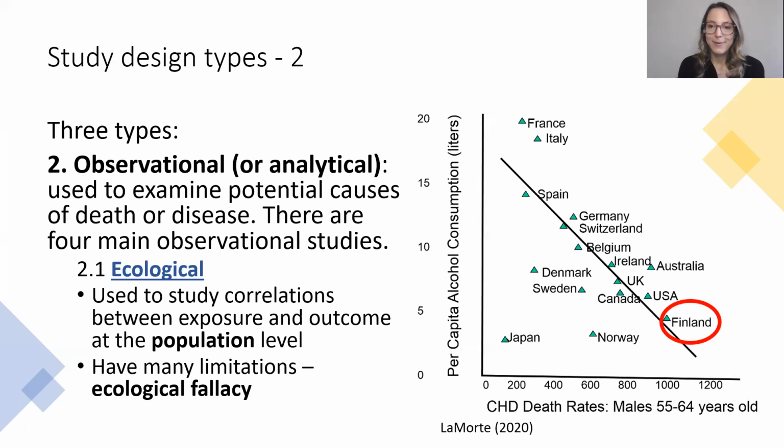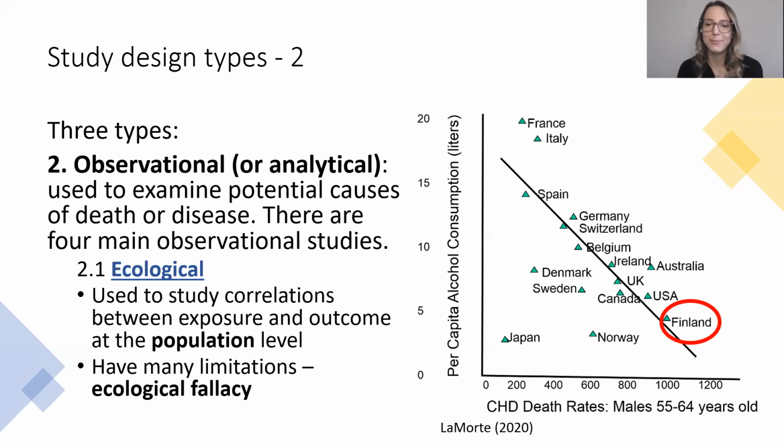Now, what this figure might tell you, interestingly, is that somewhere like Finland, I've circled it there in red, might have a pretty low per capita alcohol consumption, yet somehow the death rates from heart disease are the highest. So if you were to use this type of study to try to establish any causal link, you might think, oh my gosh, drinking less alcohol can cause more death rates. That means everybody should be drinking alcohol. But this is not true.